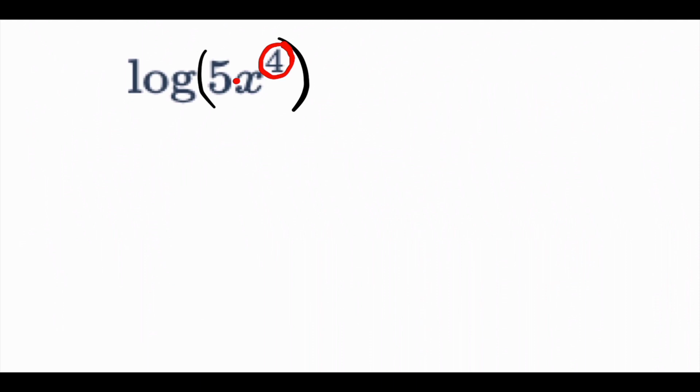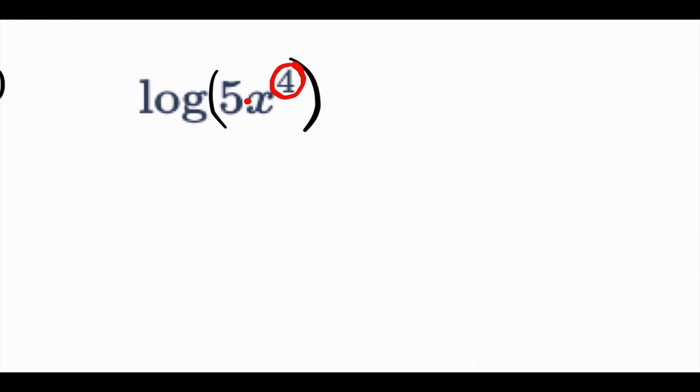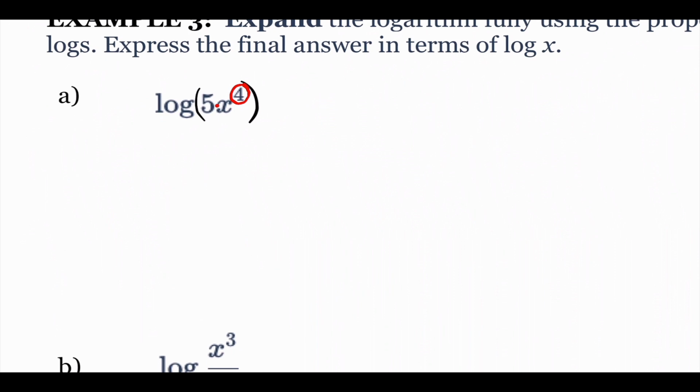Okay? So the first thing I'm going to do is separate them. So 5 is going to get a log. I'm going to use a plus sign because there was multiplication. And x to the 4th is going to get a log.